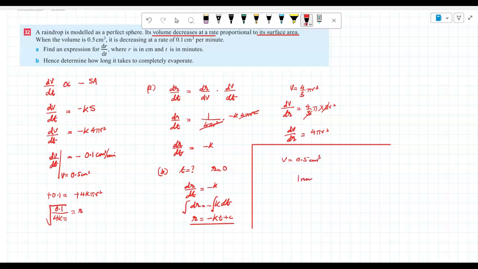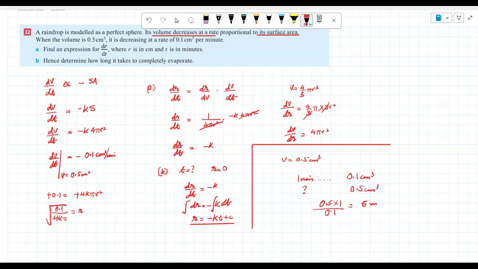Now in 1 minute, it is diminishing at 0.1. It's going down at a rate of 0.1. So when the volume is 0.5, how long will it take for it to diminish? So it will be 0.5 into 1 upon 0.1.